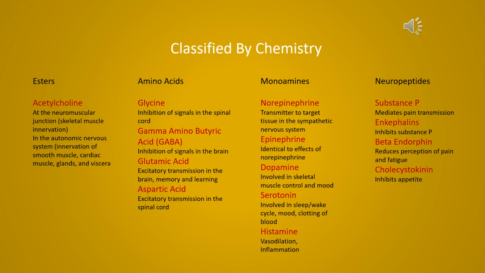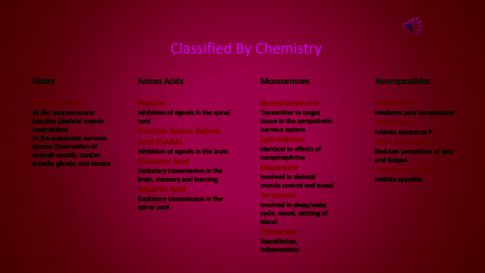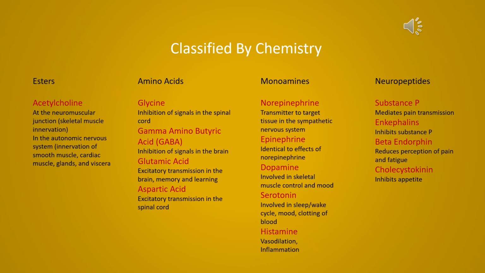Well, there are more than 100 chemical compounds that have been identified as being used as neurotransmitters. Many of those chemical compounds have other uses in the body also, but they are in some circumstances the neurotransmitter involved between neurons and another neuron or a neuron and a target tissue.